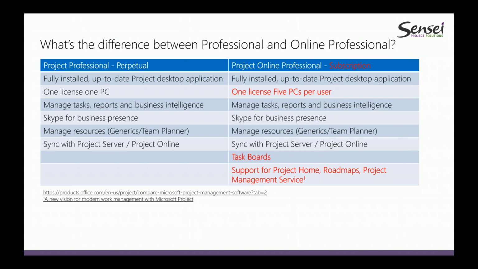Another piece is that based on the announcements, a new vision for modern work management with Microsoft Project, there appears to be support for the new features that are rolling out. Project Home, roadmaps, and the project management service that are coming. Project Home is here already. Roadmaps hopefully will be coming this month, and we're looking for the new project management service in the first half.